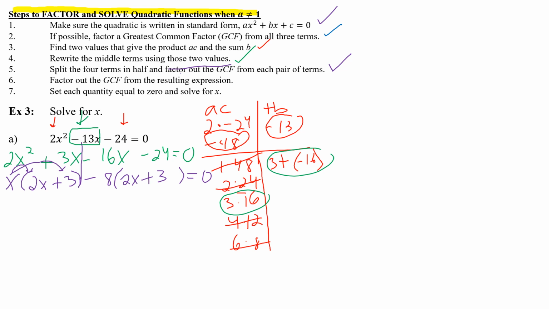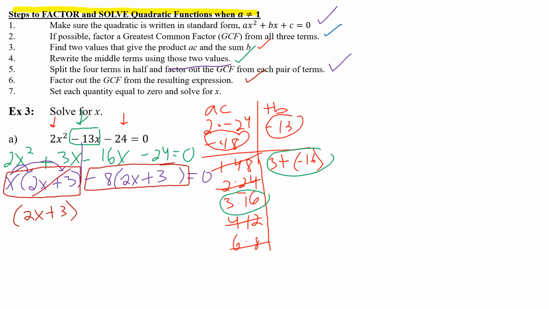Now, step number 6 says factor out the GCF from the resulting expression. Looking at this, that whole thing is an expression with two terms. The rectangle on the left is a product. The rectangle on the right is also a product. What they both have in common is 2x plus 3. So I'm going to factor that out from both of them.